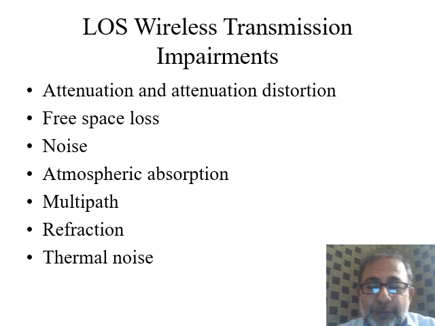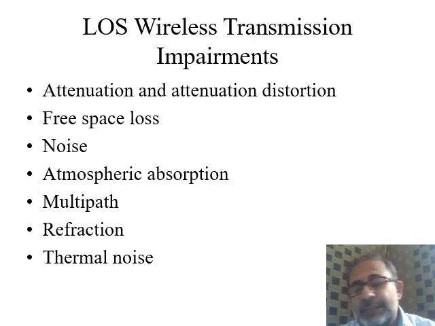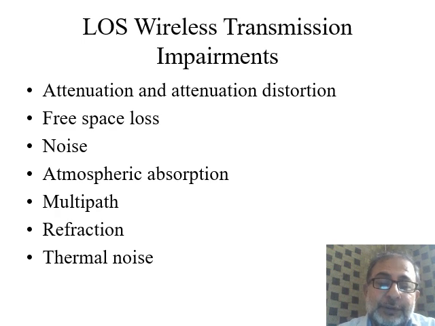And the second point is the attenuation distortion, which means that different frequencies get a different attenuation. This is quite similar to the concept that we have already discussed for line communication also.